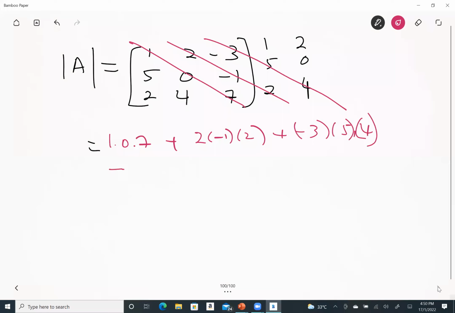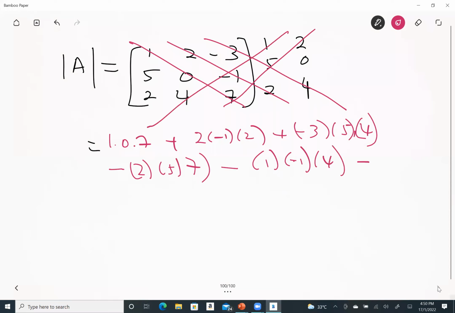Now, subtract. Betul kan? Okay, ini 0, ini 0.